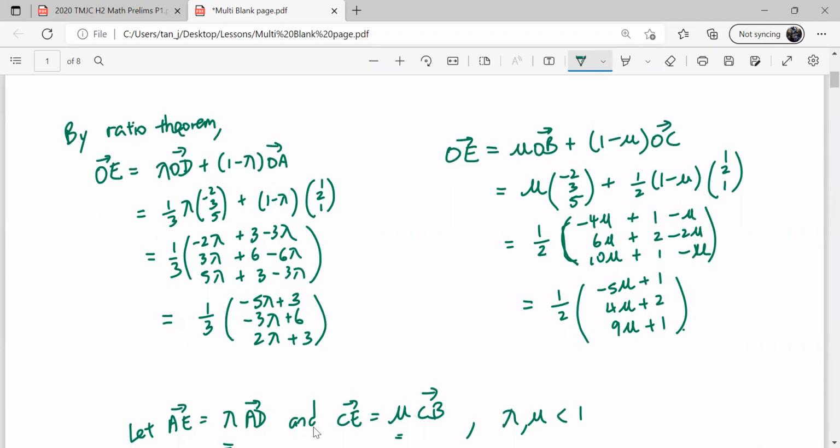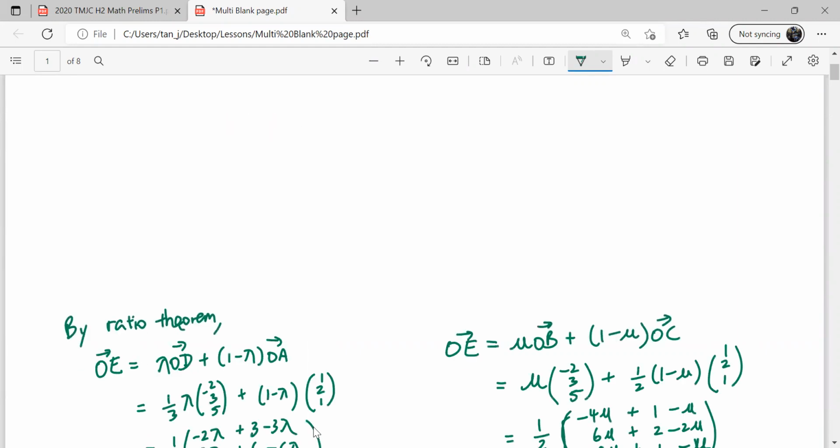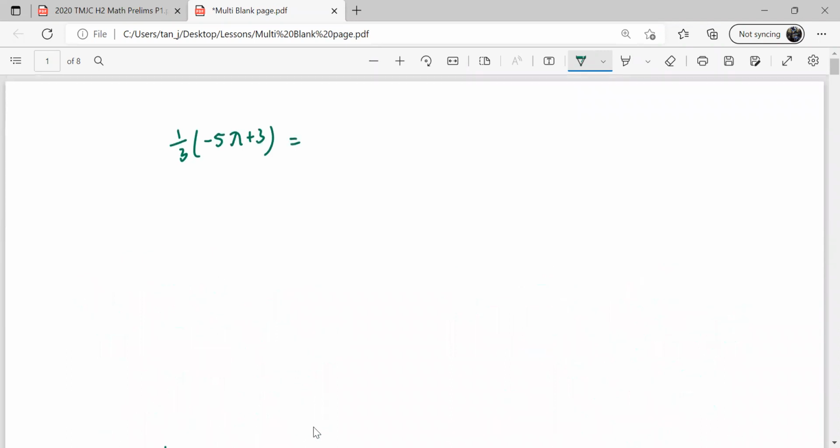So here, we'll again have 1/3 of minus 5 lambda plus 3 equals half of minus 5 mu plus 1.